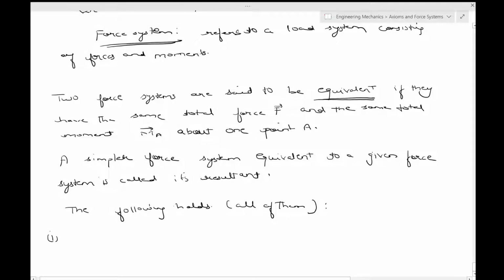So the first thing is that the equivalent force systems have total moment MB about any point B.